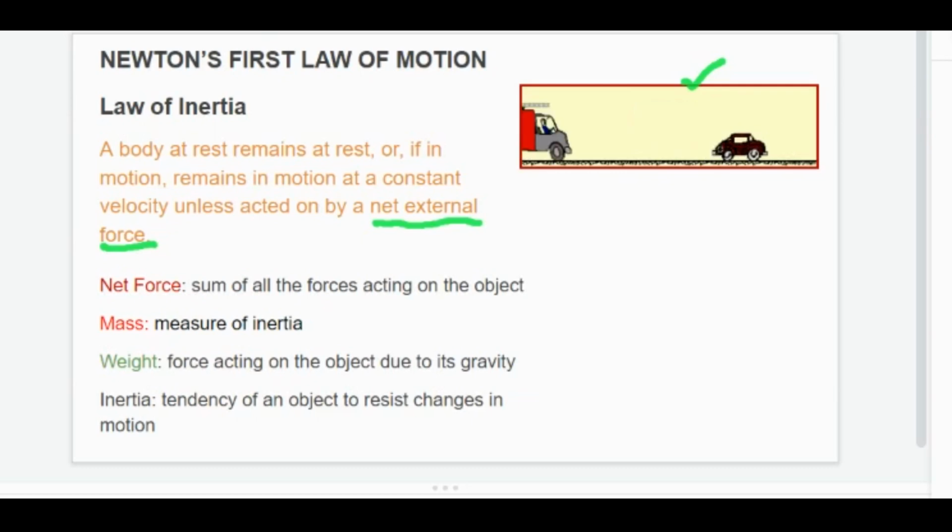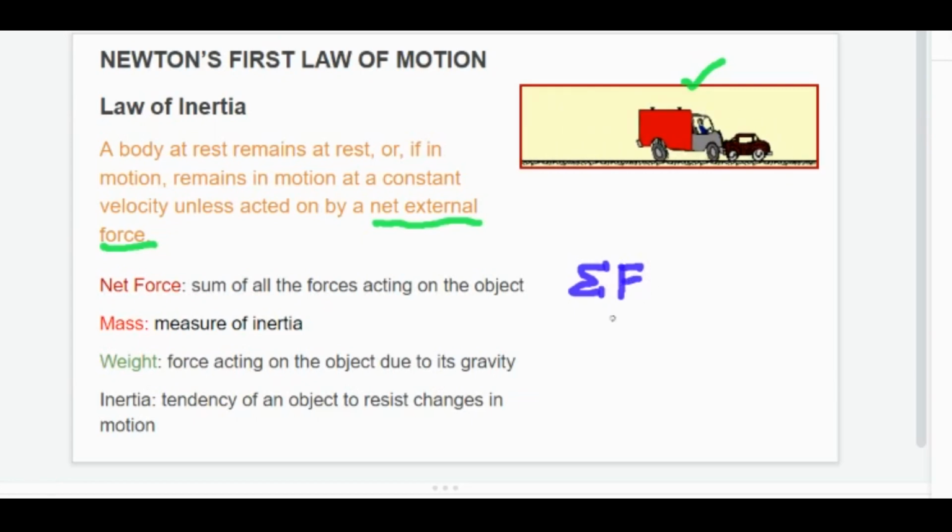All right? So let's define some of these words. That's very important. First is the net force, and I've already talked about the net force. The net force is sometimes written like this. If you are taking statistics right now, you see the sigma, which means the summation of the F. F, we talked about in the previous video, is the symbol for force.